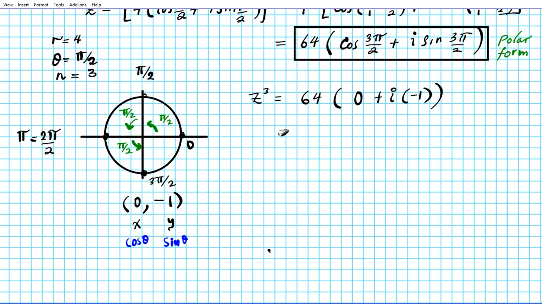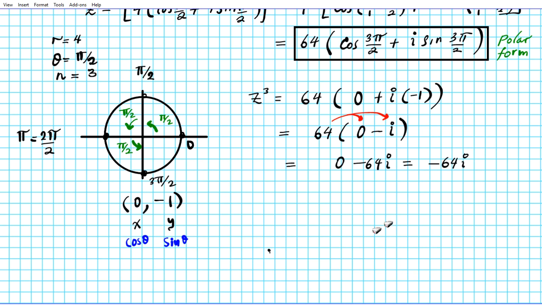Okay, now let's go ahead and simplify. We have 64 times 0 minus i, and then we just distribute 64 to these two numbers, the real and imaginary parts of the complex number in rectangular form. So we have 0 minus 64i, which simplifies into -64i.